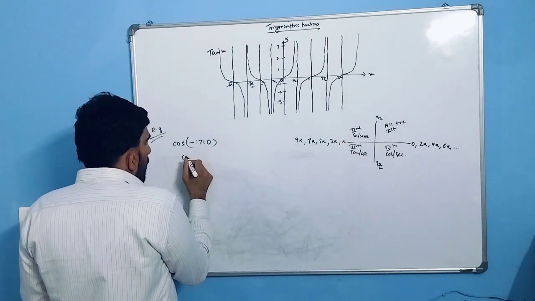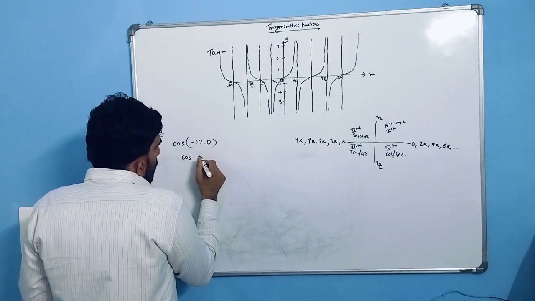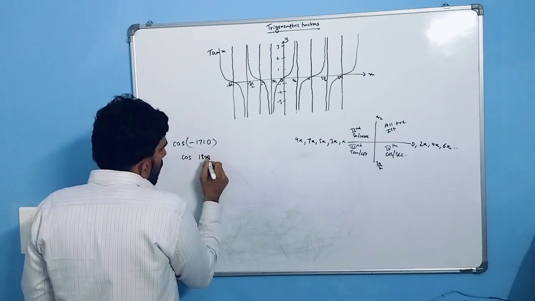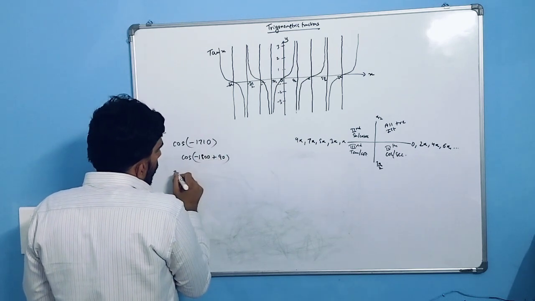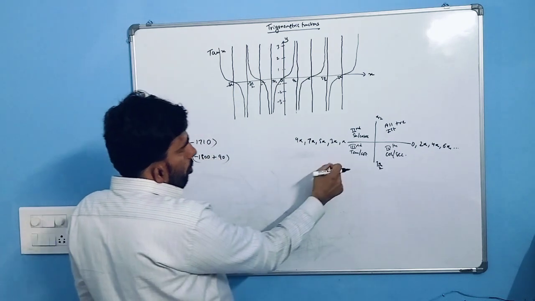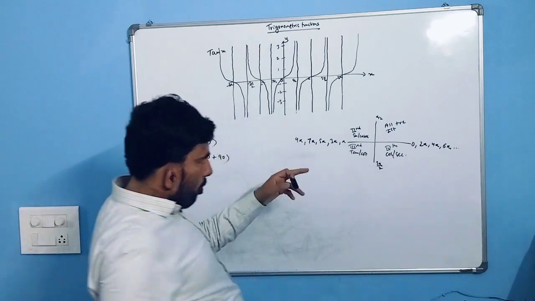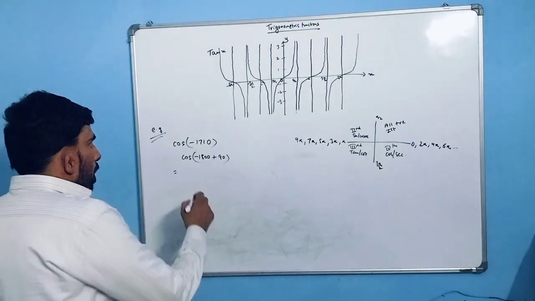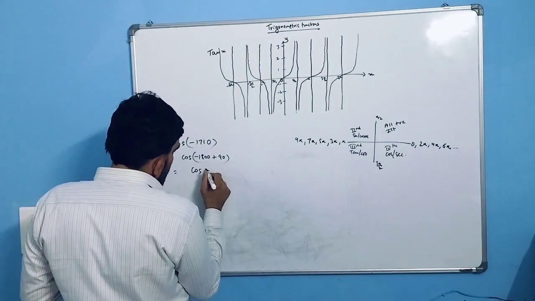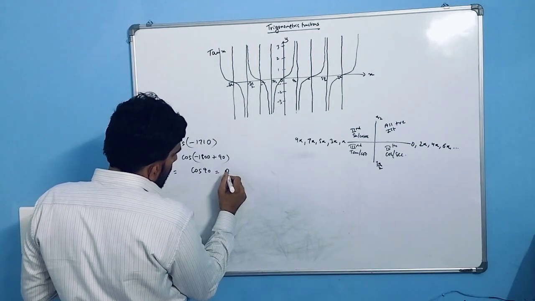Okay, so I can write it will be 1800 minus 90. So here the value will go to the third quadrant, and the third quadrant means the cos will be negative. So now I got cos 90, that is 0.